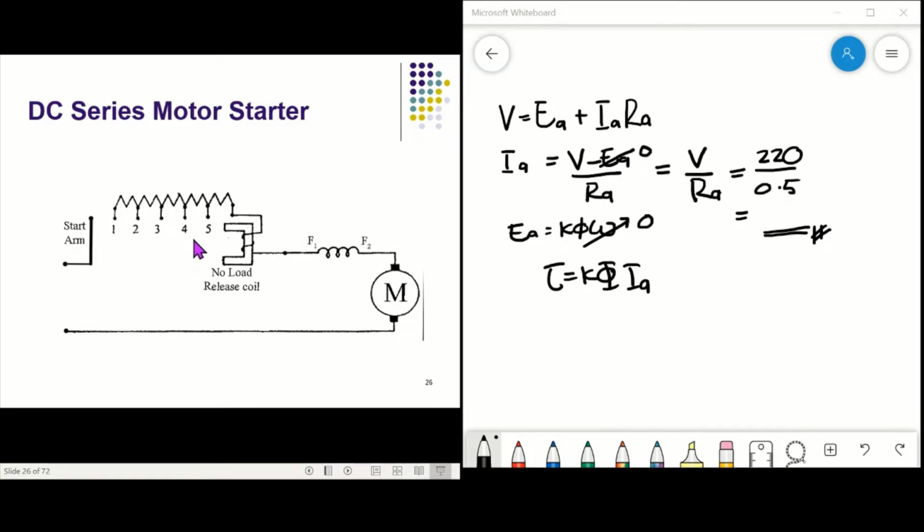Thus, maximum resistance is connected in series with the armature during starting, and then gradually decreases as the start arm moves towards the right. The starter is sometimes also called a 2-point starter. And then the no load release coil holds the start arm in the run position and releases it when the voltage is lost.